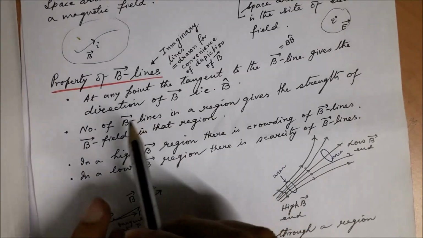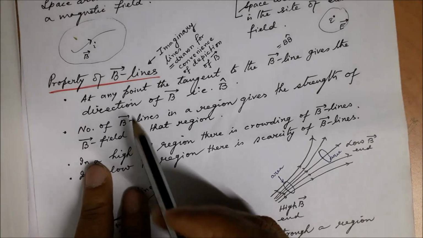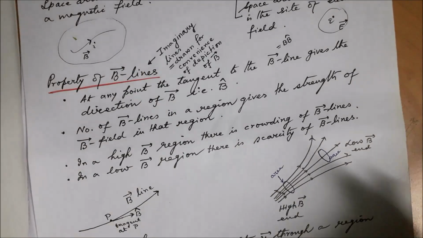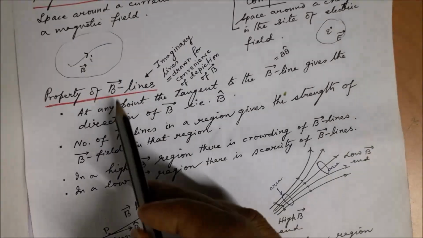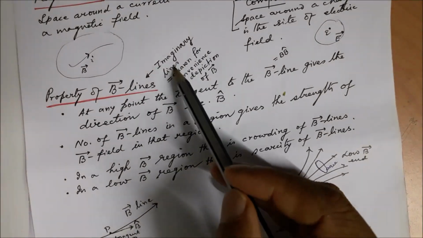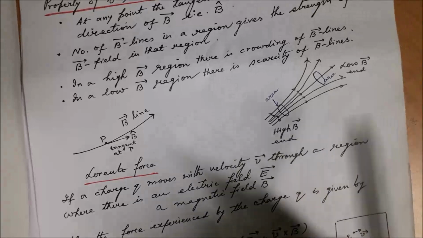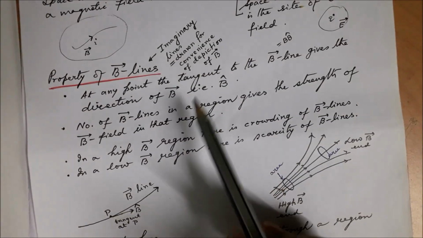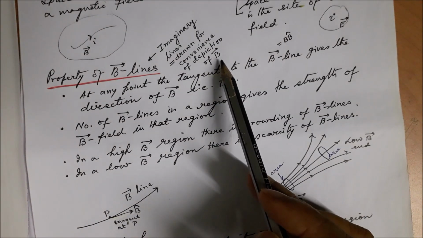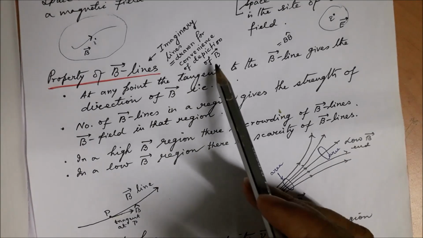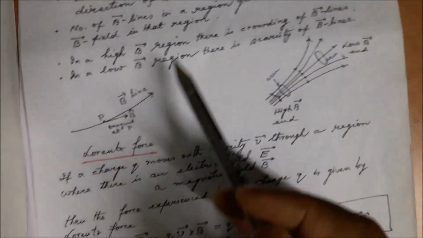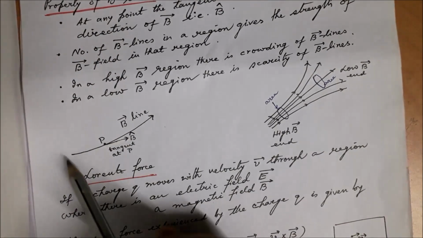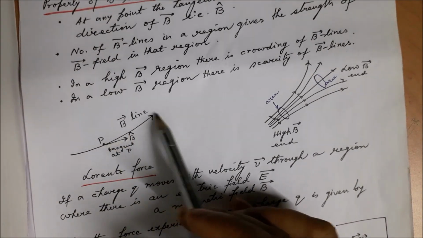Next, let us define what we mean by B lines. The B lines are imaginary lines. They are drawn for convenience of depiction of B. To describe the magnetic induction vector, to describe a magnetic field, we take help of certain imaginary lines.